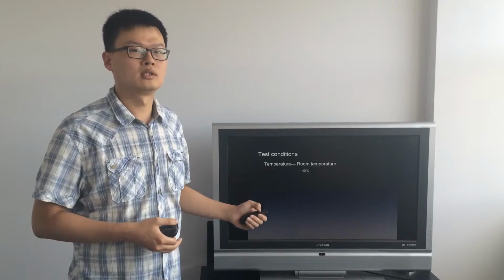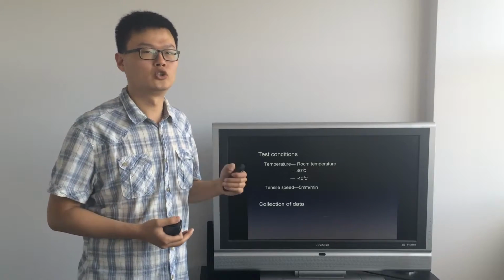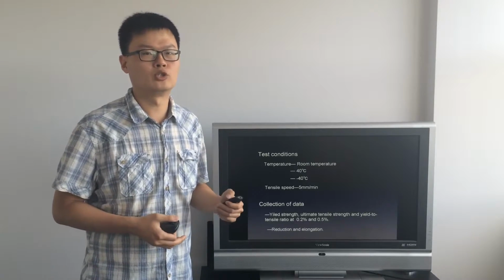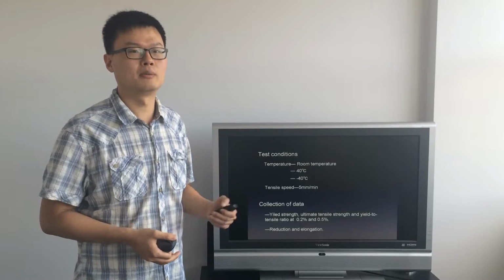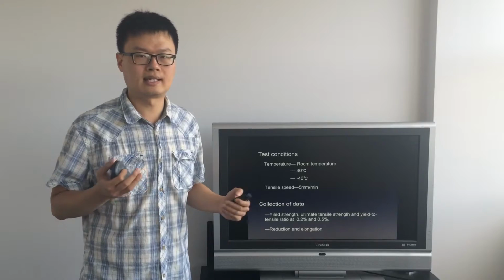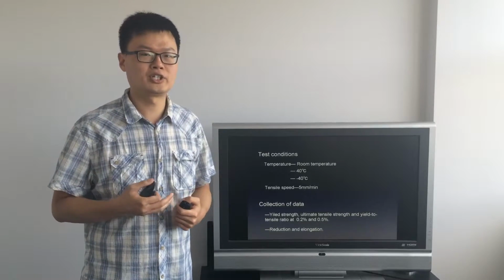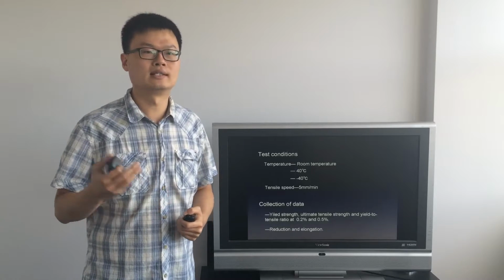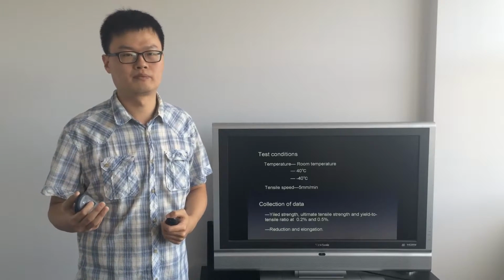The tensile testing was conducted at three temperature conditions, which are room temperature, 40-degree temperature, and minus 40-degree temperature, applying universal testing equipment. The three temperature conditions are designed in order to assess the tensile properties under different environments.